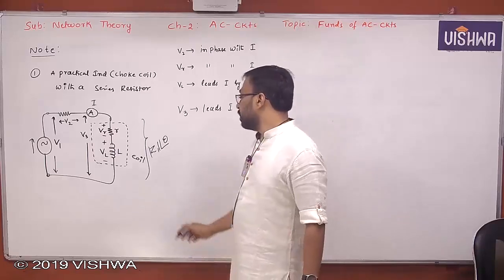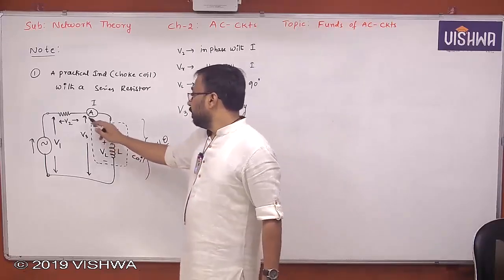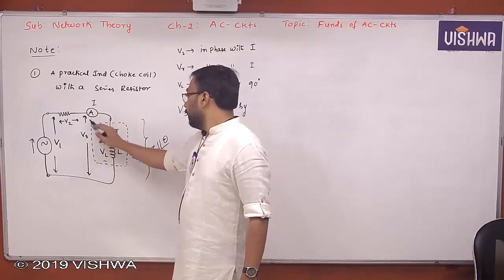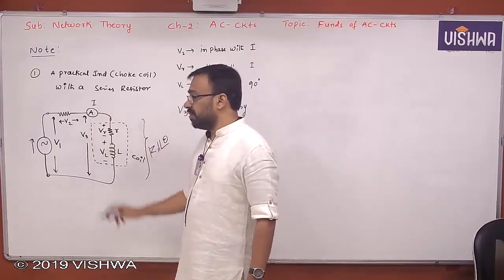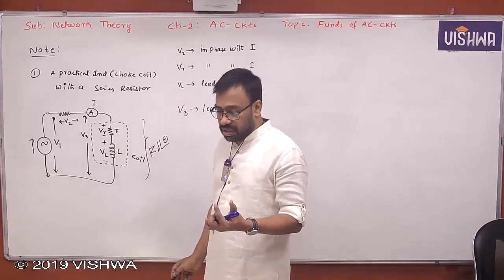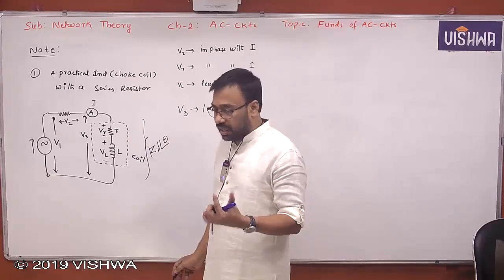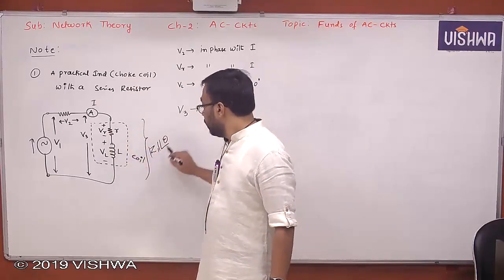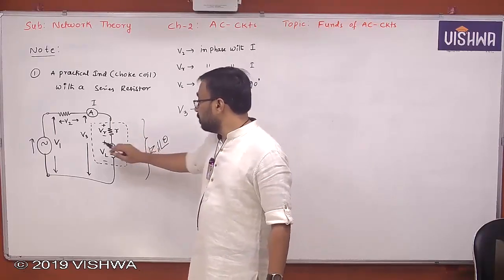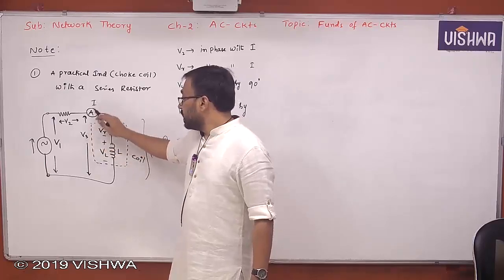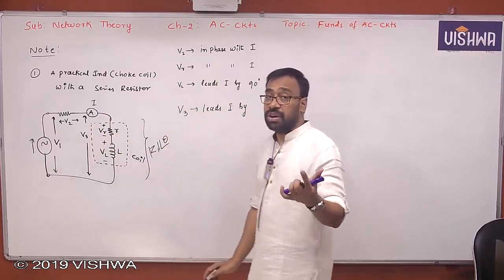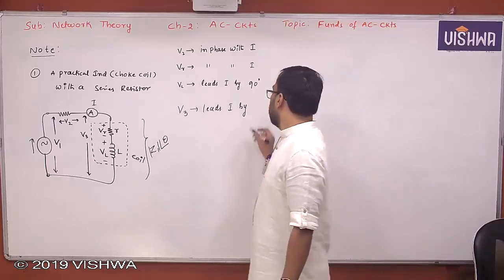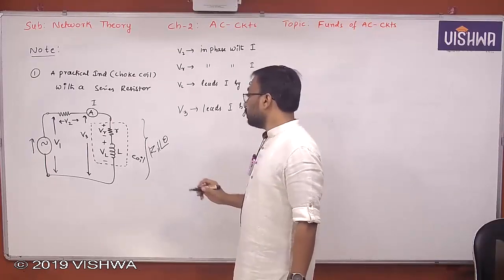What is the phase difference between V3 and I? The phase difference between V3 and I is called the power factor angle, but the power factor angle is also the same as the impedance angle. Z1 is nothing but V3 by I, so the phase difference between V3 and I and the phase angle of Z will be the same. We already saw that. Therefore it is theta. Clear, all of you?